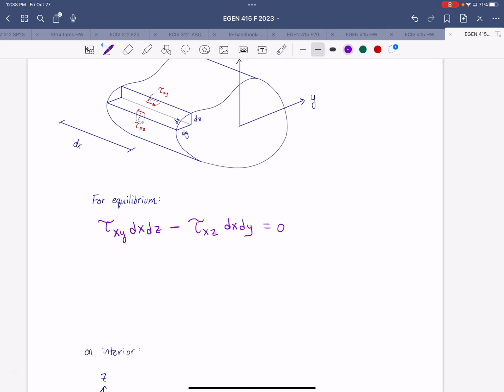So if we consider this equation, we have dx showing up in both terms. So we can eliminate that. We know that dx is not equal to 0.